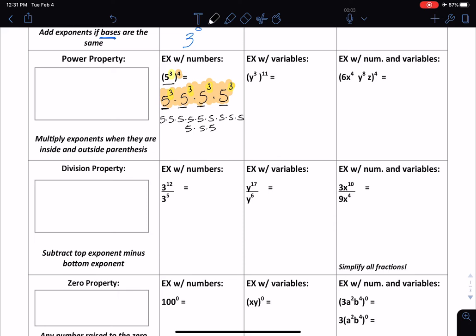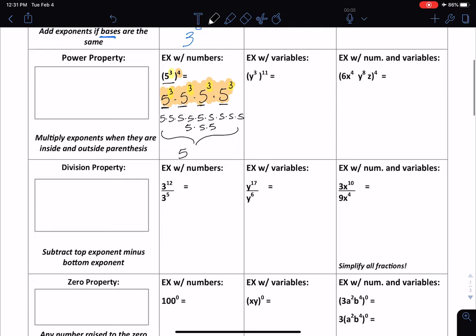Okay, so now just like our multiplication property, my base stays the same. And now I count the number of 5s I have, and that's going to be my exponent, which is 12 of them. Okay, so now I look at my final answer, and I look at the original problem.